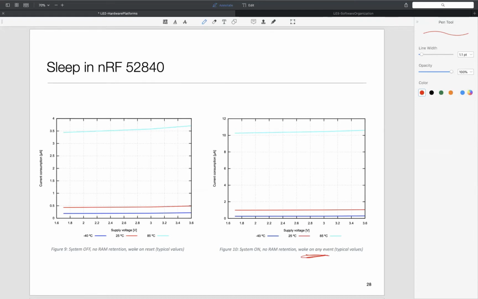If you just look from the scale, this one is going to 12, this one is going to 4. What you also see is power consumption at 3 different temperatures, minus 40, 25, and 85. So what's the takeaway here? If you're operating in a higher temperature regime, then your hardware consumes more power. So at cold temperatures, you are better off, okay?